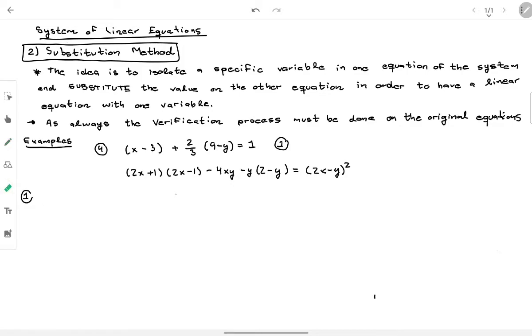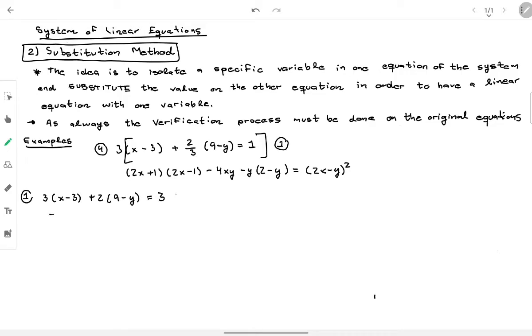Well, we can multiply the whole equation by 3 because we have a fractional equation, and it's going to be 3 multiplied by (x minus 3) plus 2 multiplied by (9 minus y) equals 3.